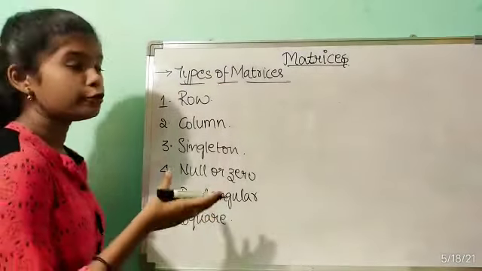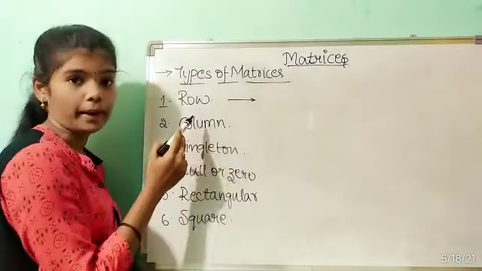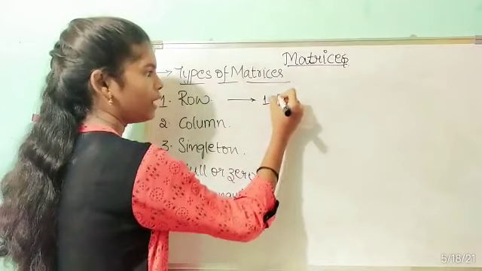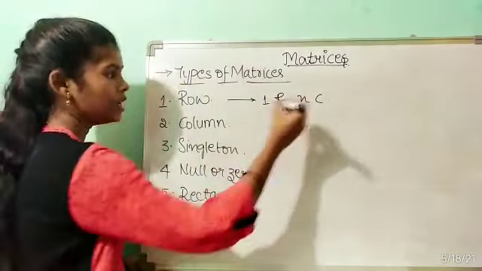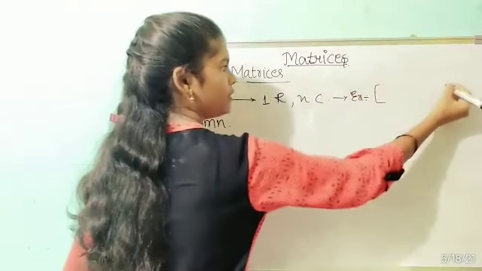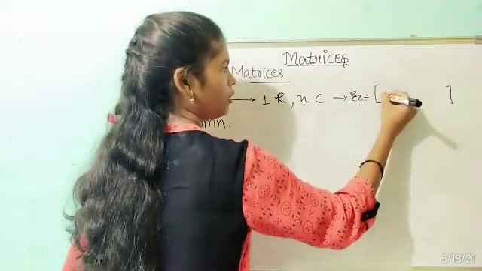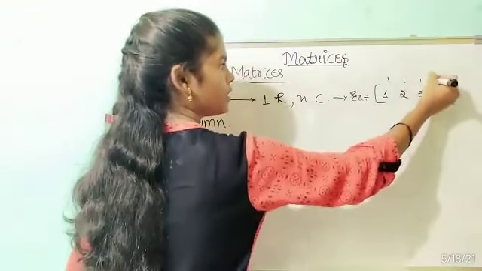So, these are few types of matrices and let's check on each. In row matrix, we have only one row but n columns. Suppose an example, if you check out this, it has only one row but 4 columns.